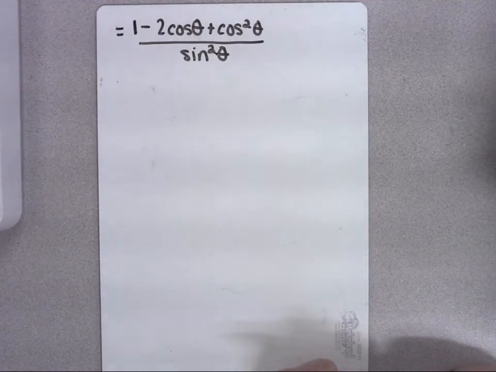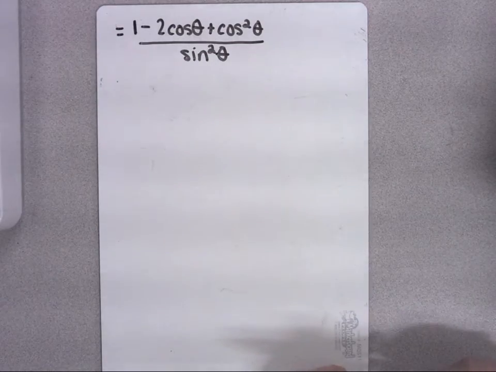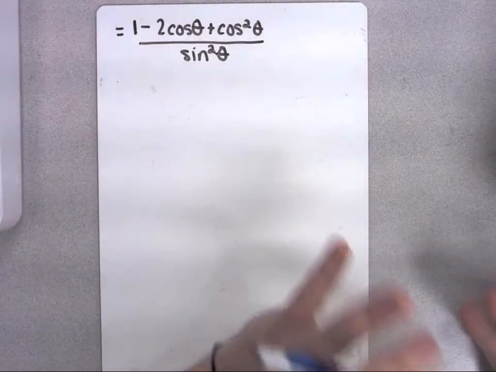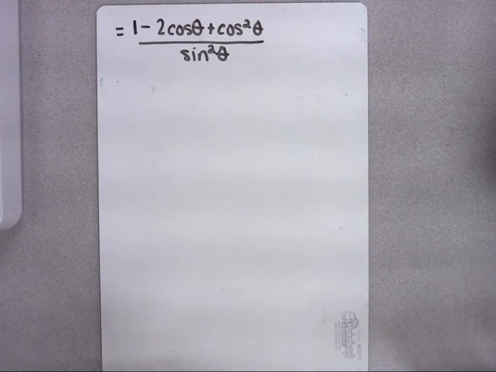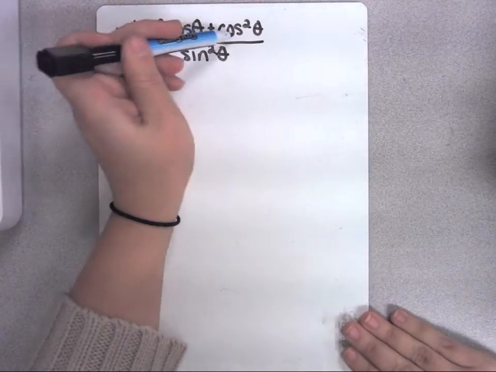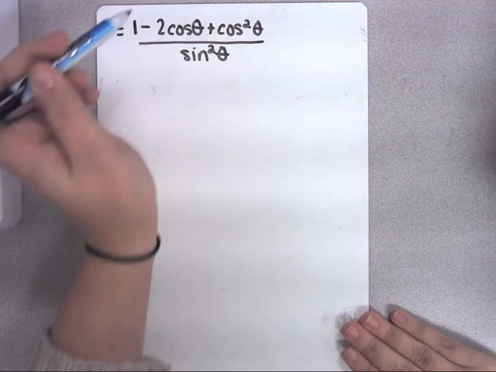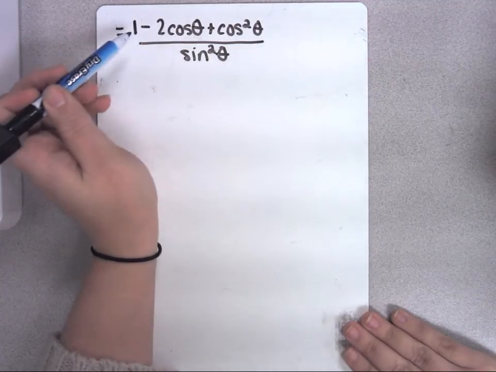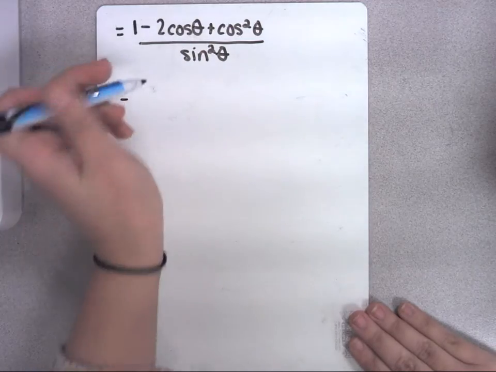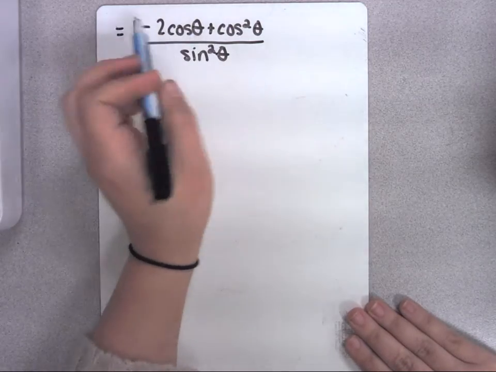Okay, now we technically need to simplify the top and the bottom separately from each other. Now the top, do you notice how they both have the same trig function? This has a number, that has a number. See how this is squared, this is not squared. I can reorganize this if I wanted to.